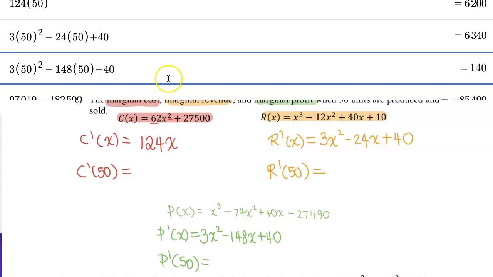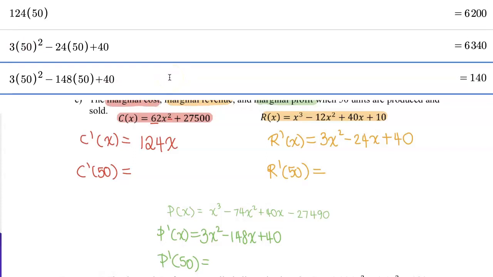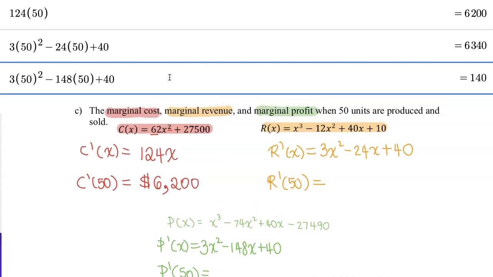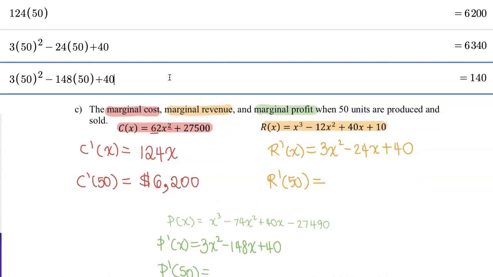Okay, so we got the three answers right here. So the marginal cost, okay, it's going up a lot, huh? Is $6,200.